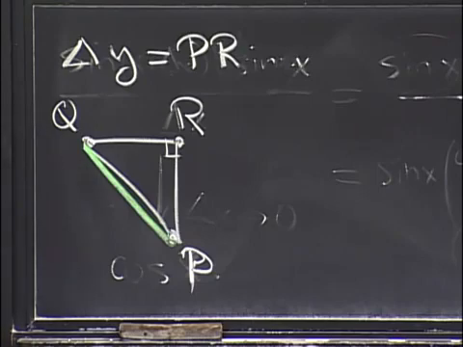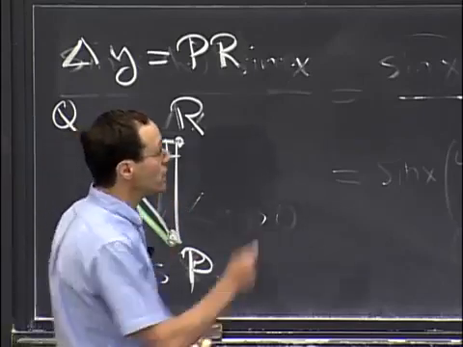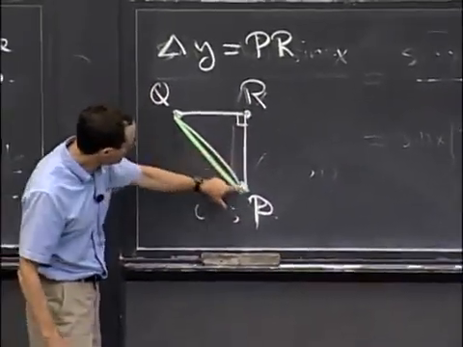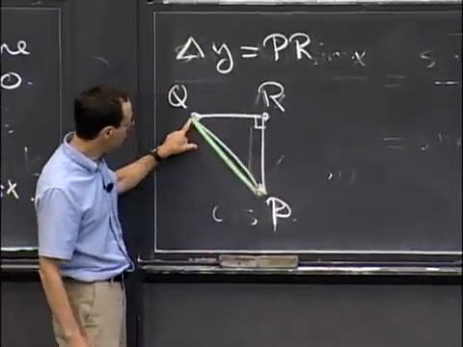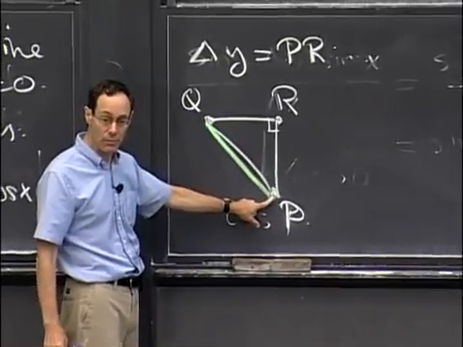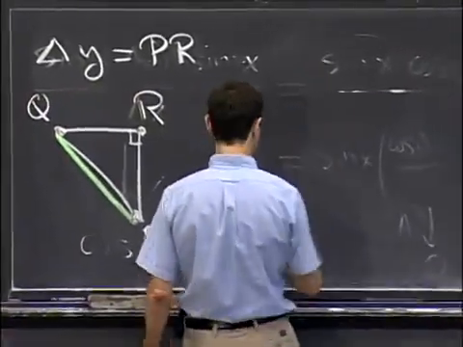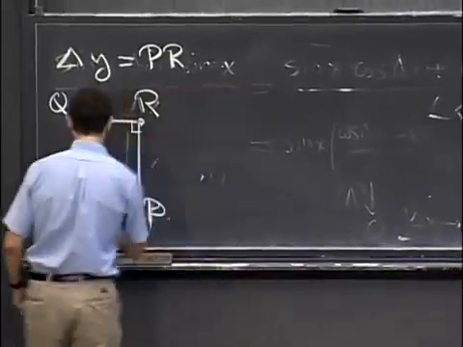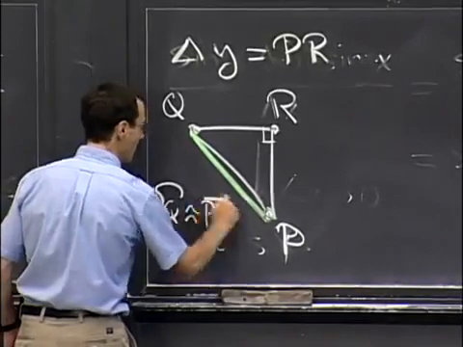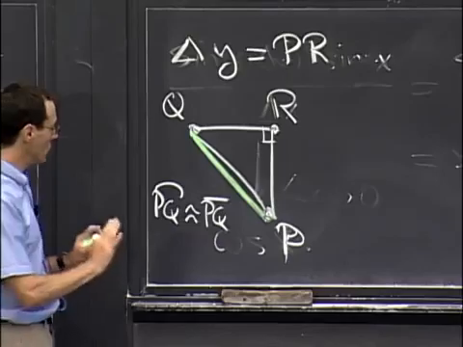Okay, so now the key step is this same principle that we already used, which is that short pieces of curves are nearly straight. So that means that this piece of the circular arc from P to Q is practically the same as the straight segment from P to Q. So how are we going to use that?